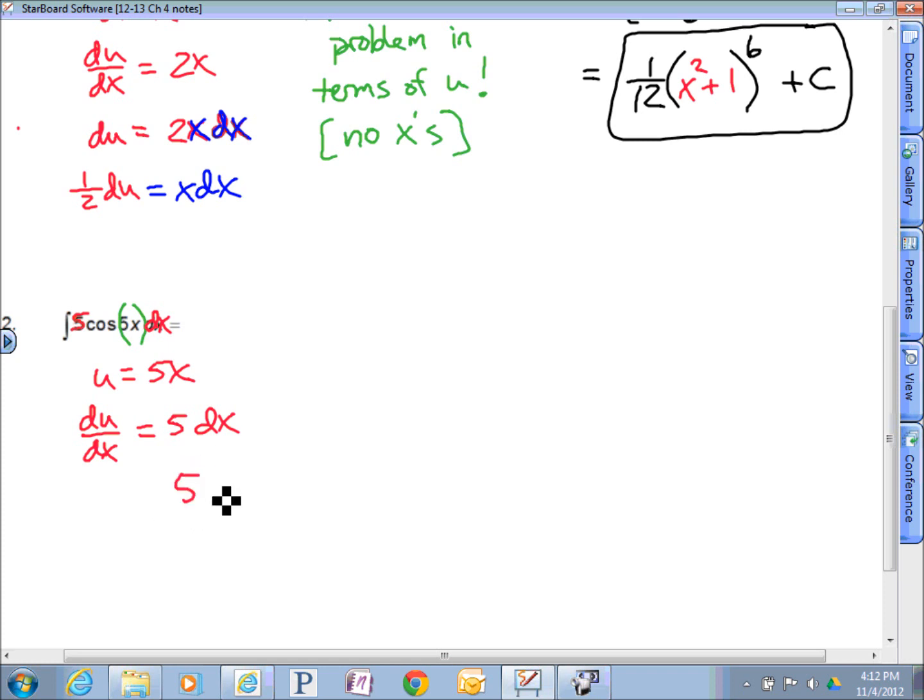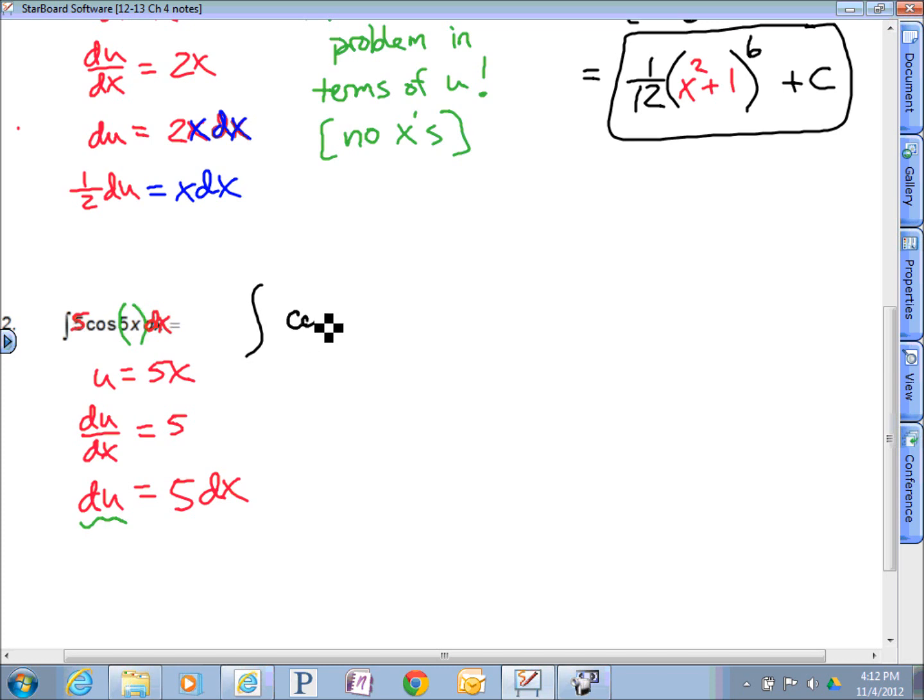Whoops, I'm sorry. I got a step ahead of myself. This should be a 5. Then when I separate my variables and multiply the dx to the other side, there's my 5 dx. Now, I happen to see that there is a 5 dx in the problem already. What's 5 dx the same as? 5 dx is exactly the same as 1 du. So rewrite the problem. Integral symbol.